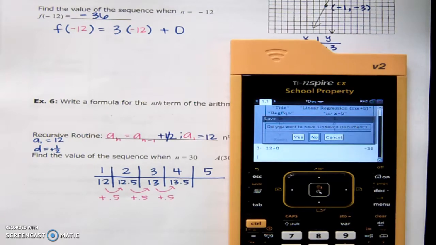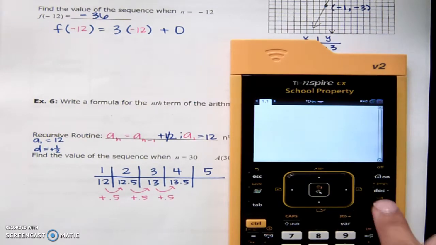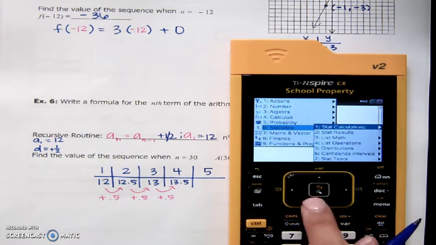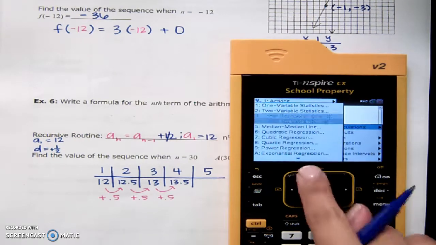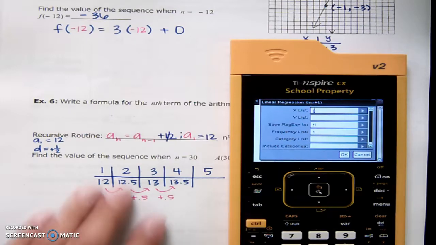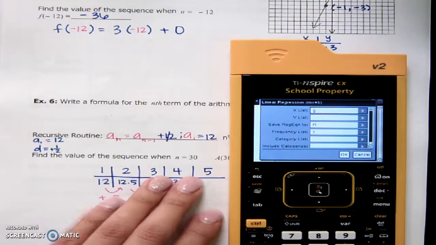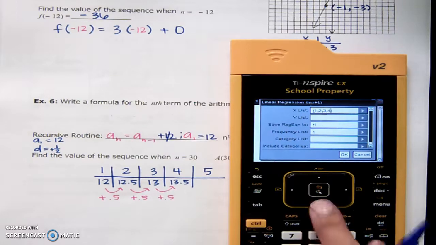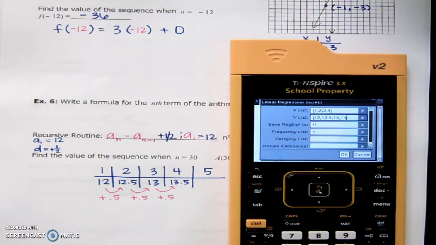New document, don't save, add a calculator, menu, statistics, stat calculation, linear regression. I'm just going to do 1, 2, 3, 4. And then I do 12, 12.5, 13, 13.5.